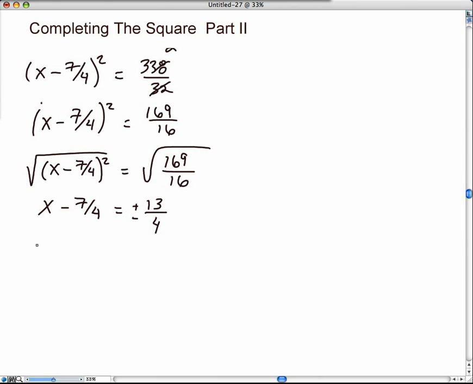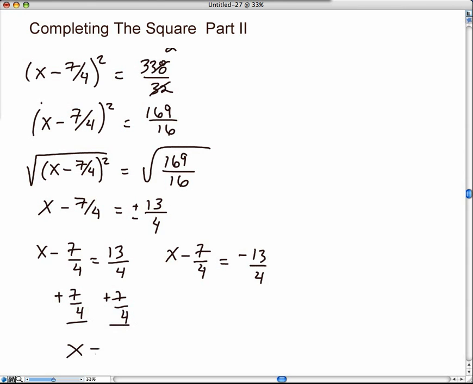So x minus 7 over 4 equals 13 over 4, and x minus 7 over 4 equals negative 13 over 4. So we get 2 answers. And we come over here, we add 7 over 4.